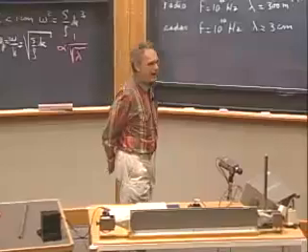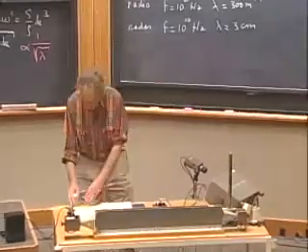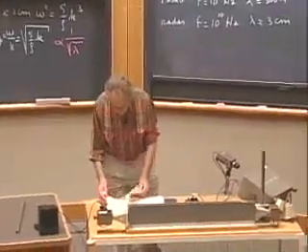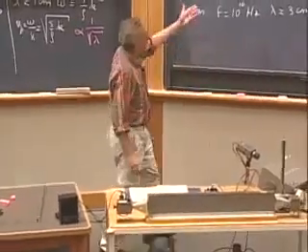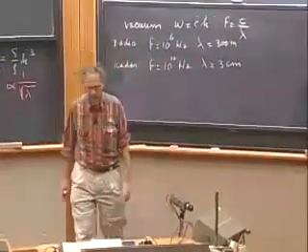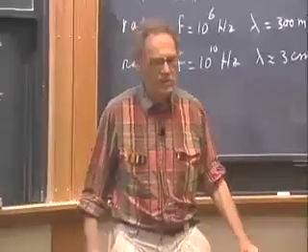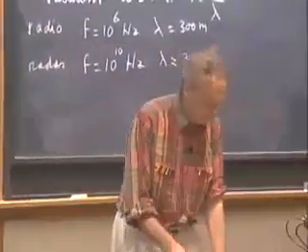When you go to ultraviolet and X-rays and gamma rays, the frequencies go higher and higher, and the wavelengths get shorter and shorter. Non-dispersive in vacuum. They all travel with exactly the same speed.